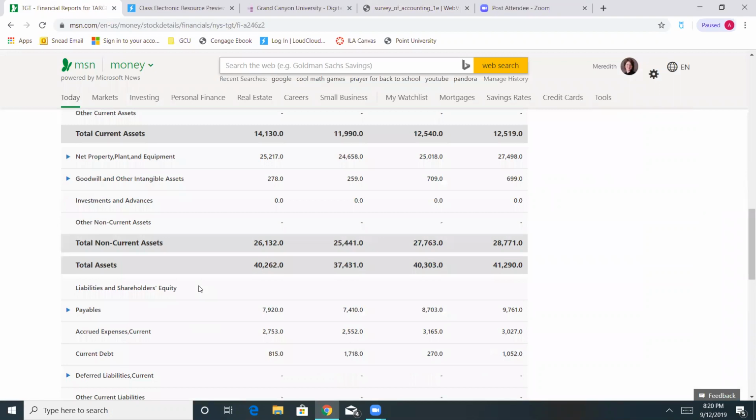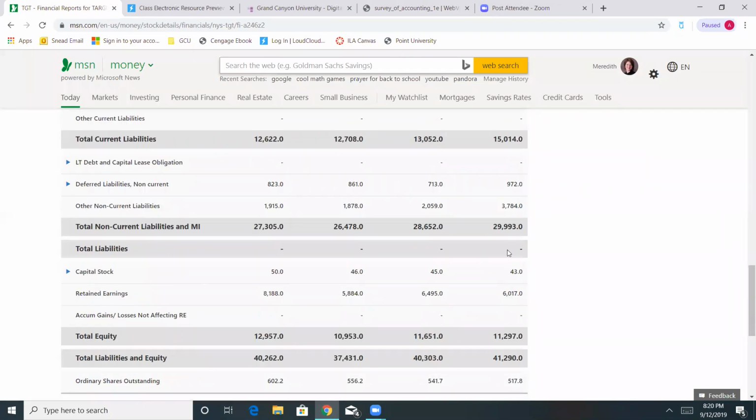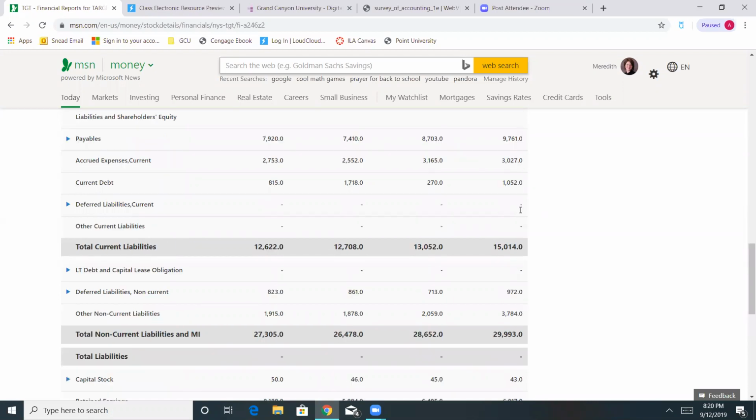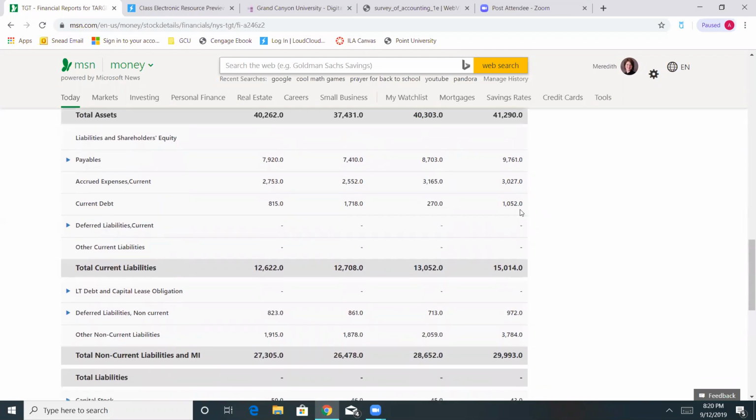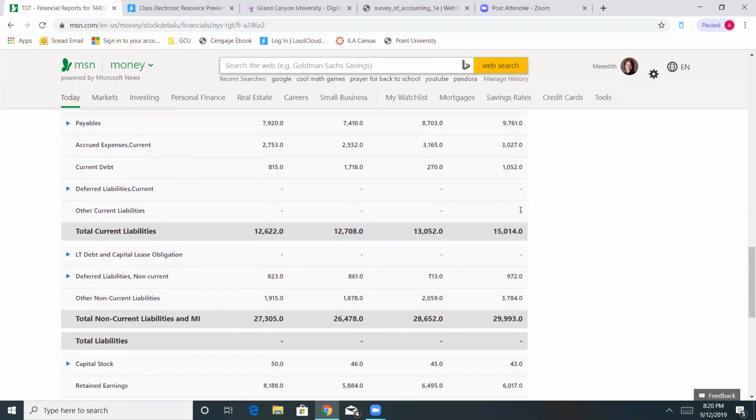We've got total assets right there. And we've got total liabilities. Why do they break it down? I guess we'll just use this number here. Current plus, what are they doing here? The 15.